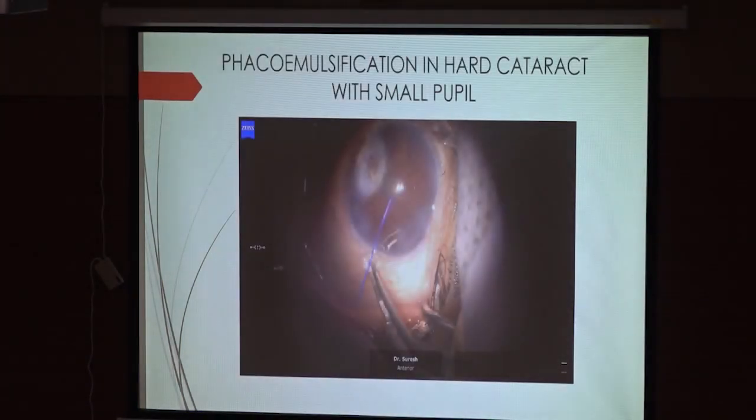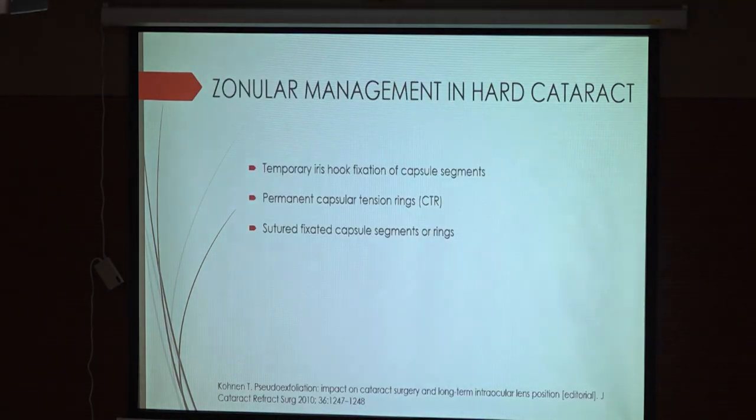So this is a patient who had trauma in the past leading to adherent leucoma formation, and he had small pupil, and unfortunately patient came late with hard cataract. So this is a recipe for disaster. If you are not careful, then you can have problems.